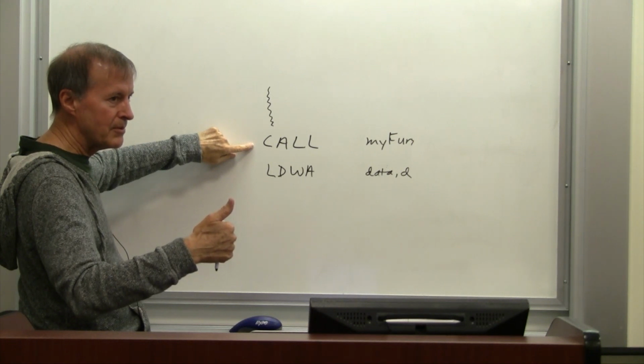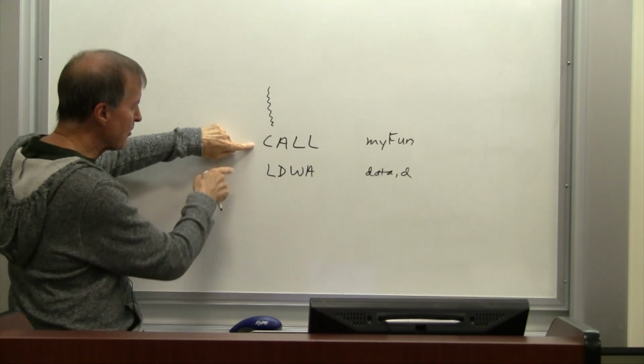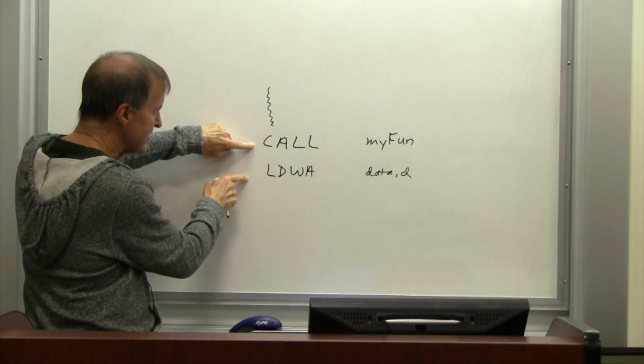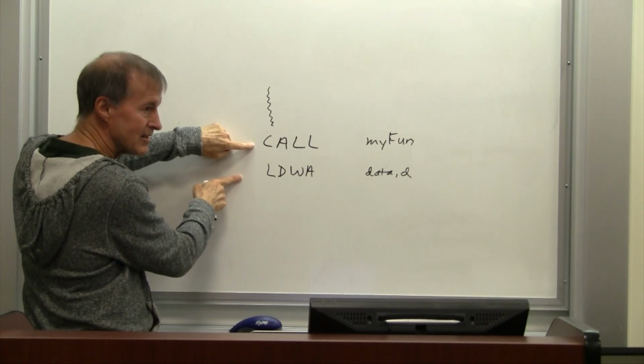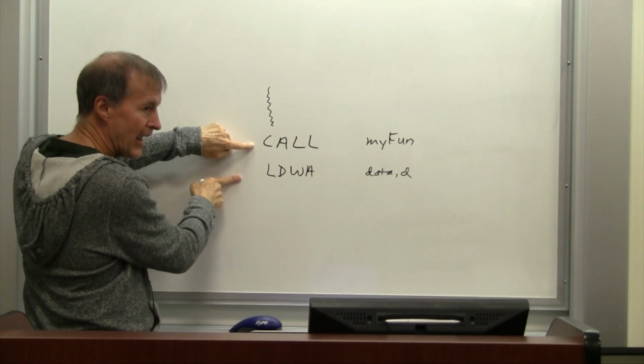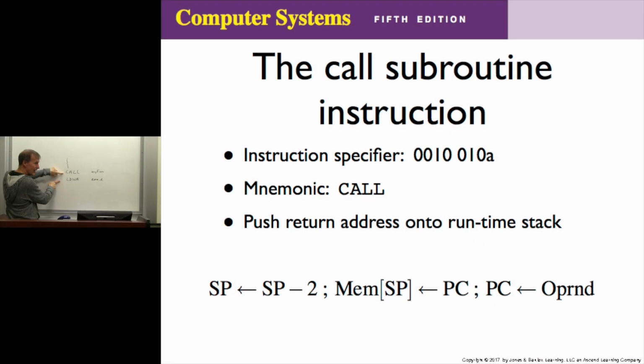Then increment the program counter. So now the program counter is the address of this. And then execute. But what does the execute do according to this RTL? It does SP gets SP minus 2. And then what? Memory sub SP gets what? The program counter. But what's the program counter? It's the address of this.